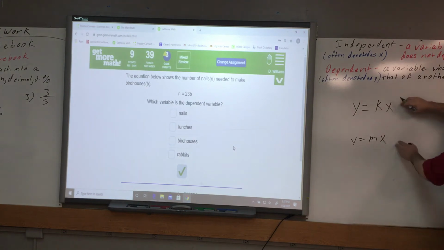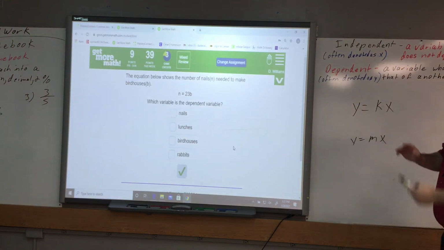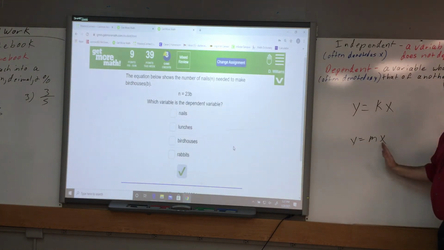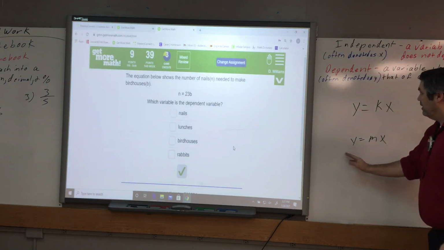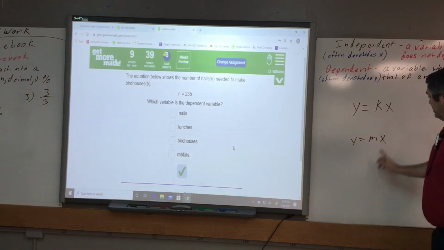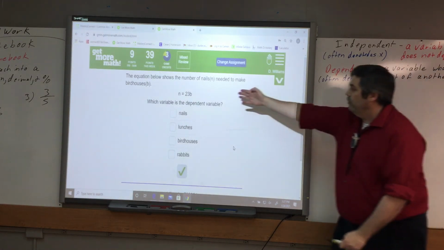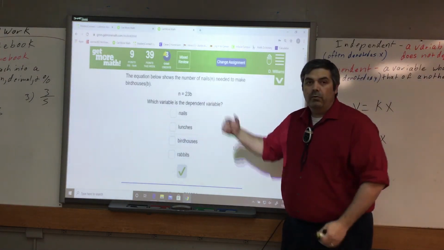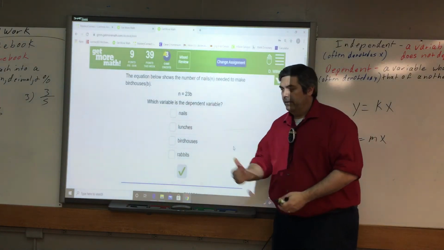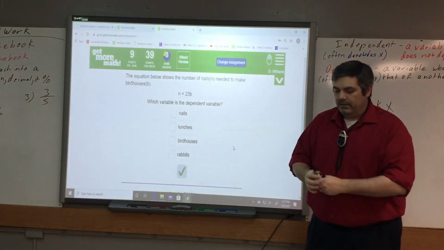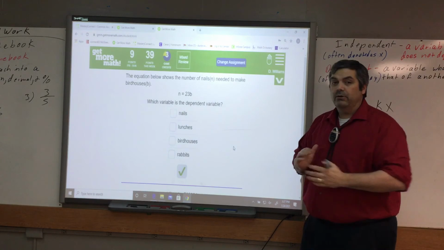So you're going to see these two things written like that. Now remember, your x is your independent, your y is your dependent. This one changes this one. Well, when you look at this equation, you know exactly which one is your independent, which one is your dependent. And when you read the equation, it's going to make sense.